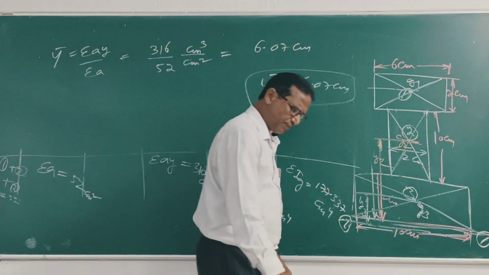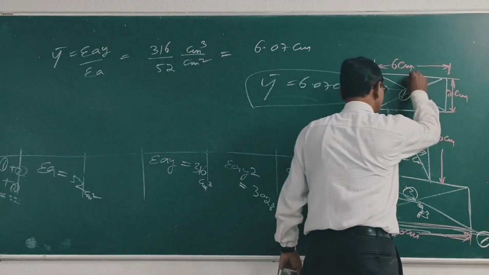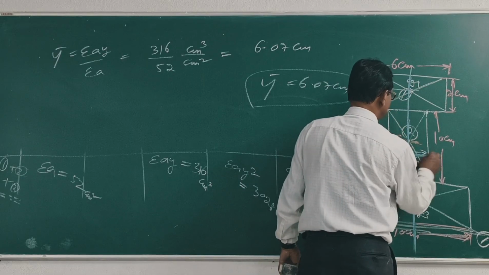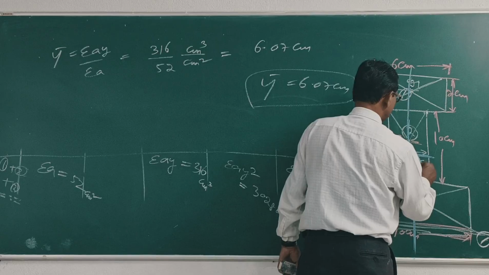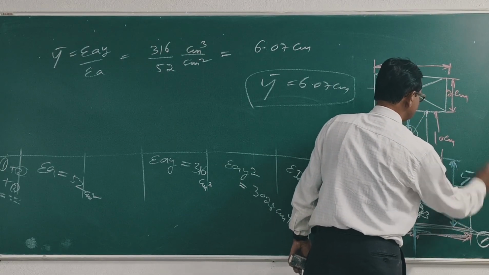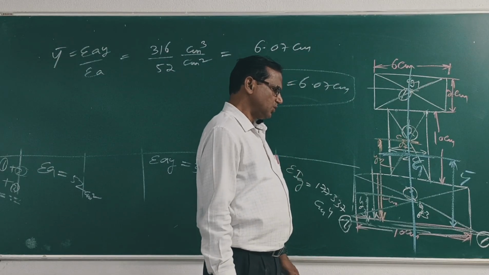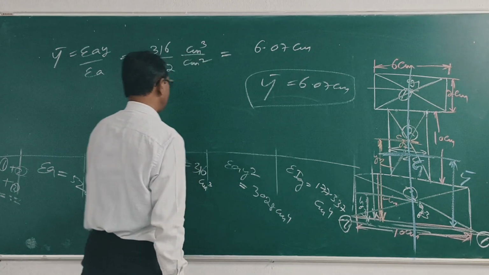So this is y bar. Suppose this is G. Clear? This is y bar. Right?